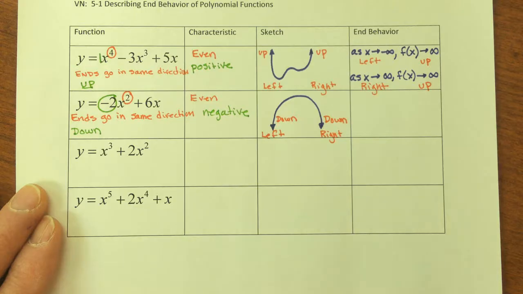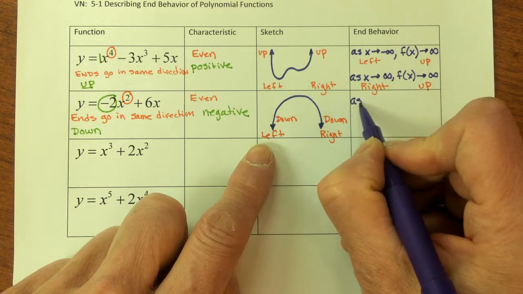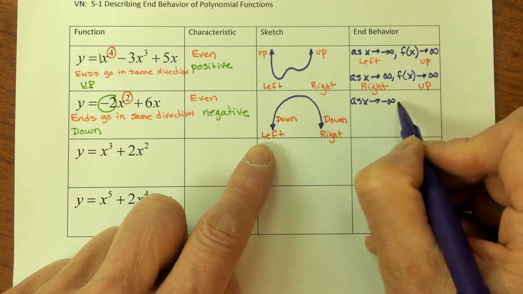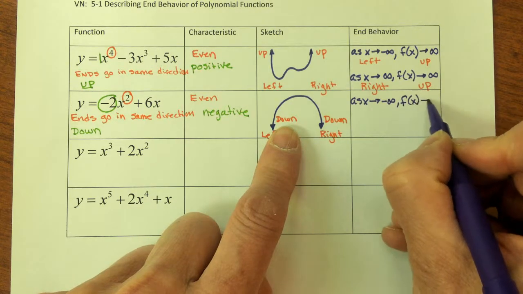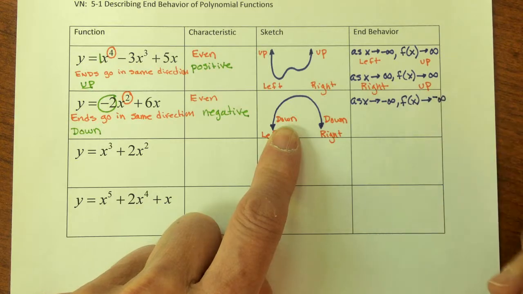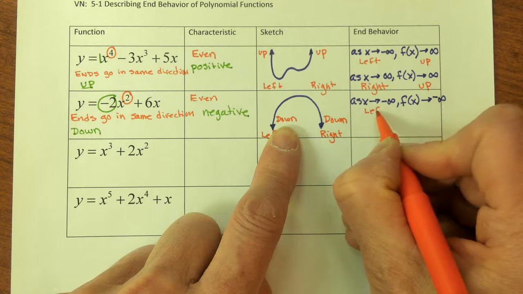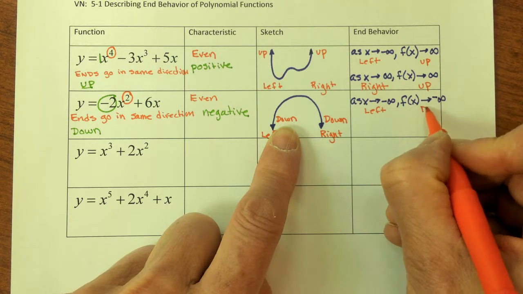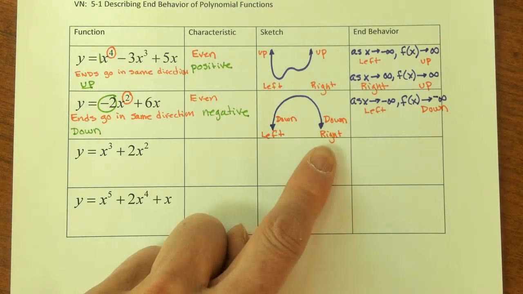Okay, so if I want to say the left side, I'm going to say as x goes to negative infinity, what's my function doing? My function is going down, so that would be negative infinity. So again, this is my left side, and my function is going down. Now let's look at the right side.